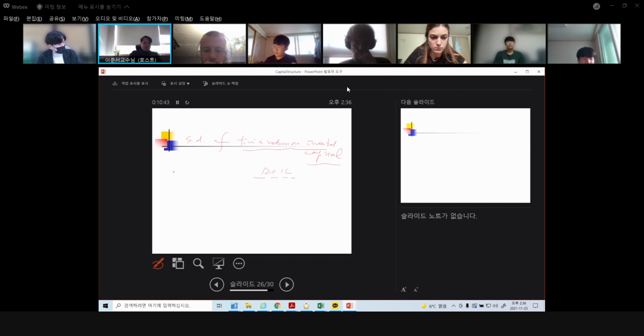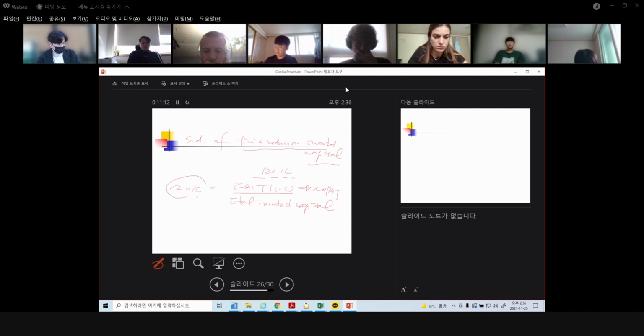Okay. So ROIC, return on invested capital, can be calculated, on page number 540, as EBIT times 1 minus T divided by total invested capital. So EBIT times 1 minus T is named NOPAT, net operating profit after tax.